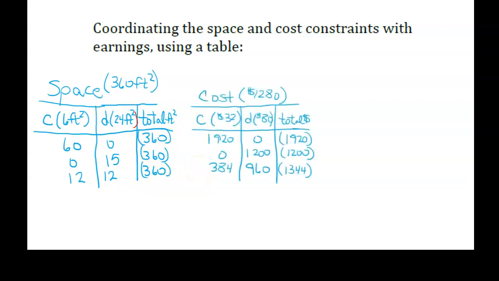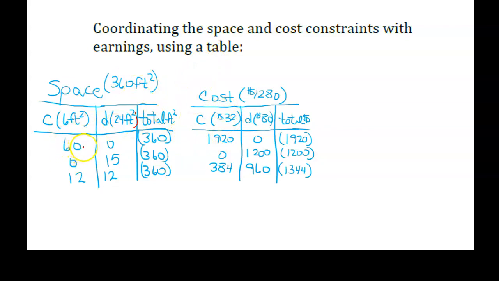Next, if we look at the cost constraint, remember they have $1,280 to use as startup costs for this business. If we only have cats, then again, we would have 60 cats.